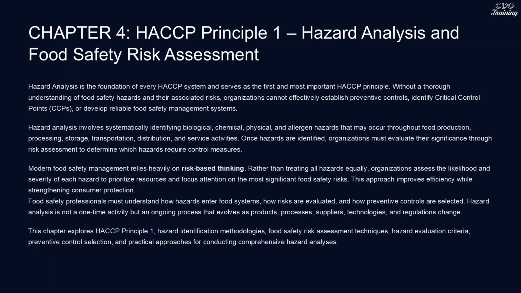Food safety professionals must understand how hazards enter and move through the food supply chain, as well as the potential consequences. This chapter explores HACCP Principle 1, Hazard Identification Methodologies, Food Safety Risk Assessment Techniques, Hazard Evaluation, Risk Characterization, Preventive Control Selection, and Practical Approaches for Conducting Comprehensive Hazard Analysis.